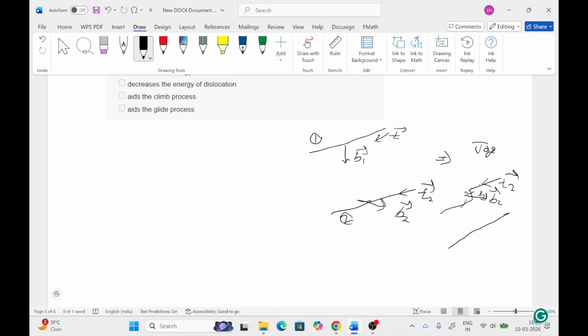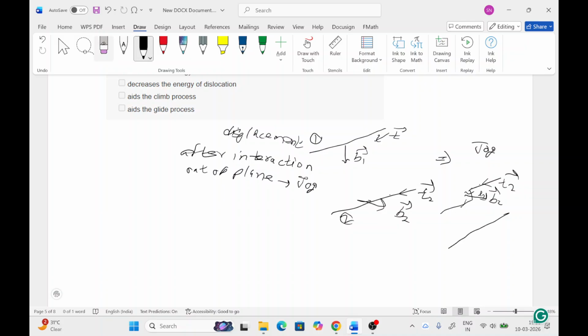The displacement out of the plane after the interaction is called a jog.